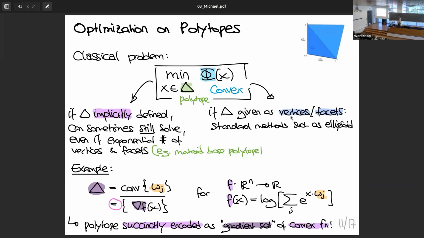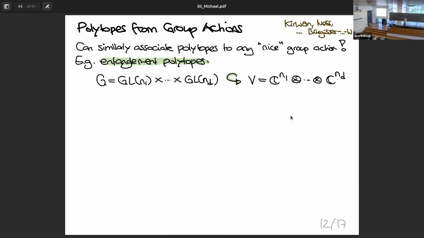What I want to briefly show you is that the same structure also applies to these entanglement polytopes. There's a way of thinking about the entanglement polytope as gradients of a function in a slightly more complicated setting. Here I want to emphasize this function f is convex, and that's important for this gradient set to be convex.